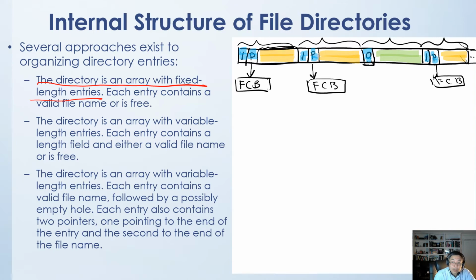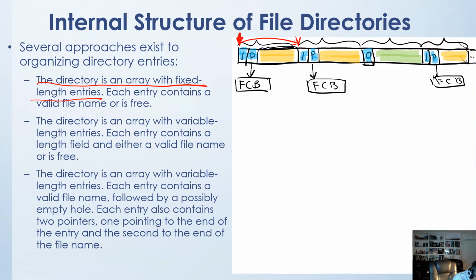Now, search for a file name or a hole is done by repeatedly advancing a pointer by the entry size. If you want to search, you can start from the first one, and then you jump the size of an entry.